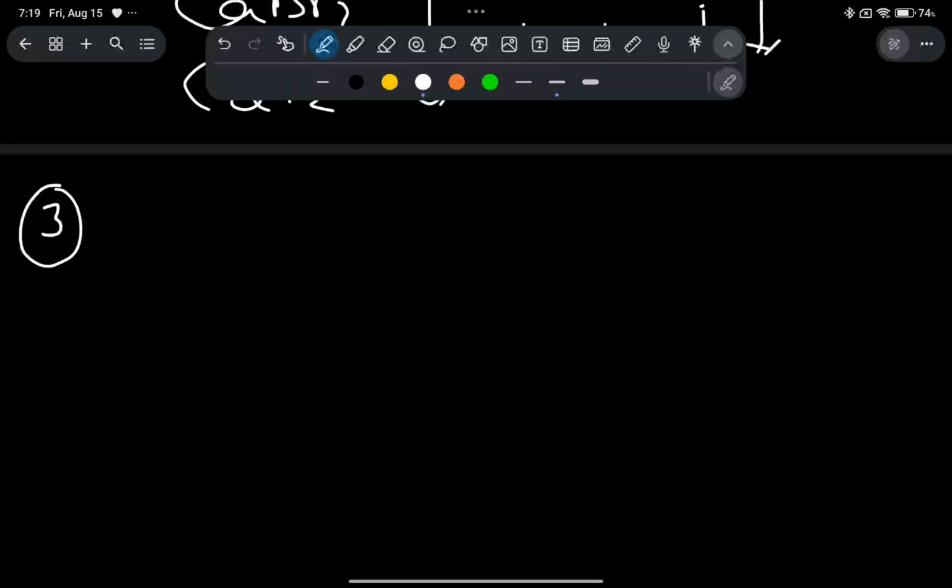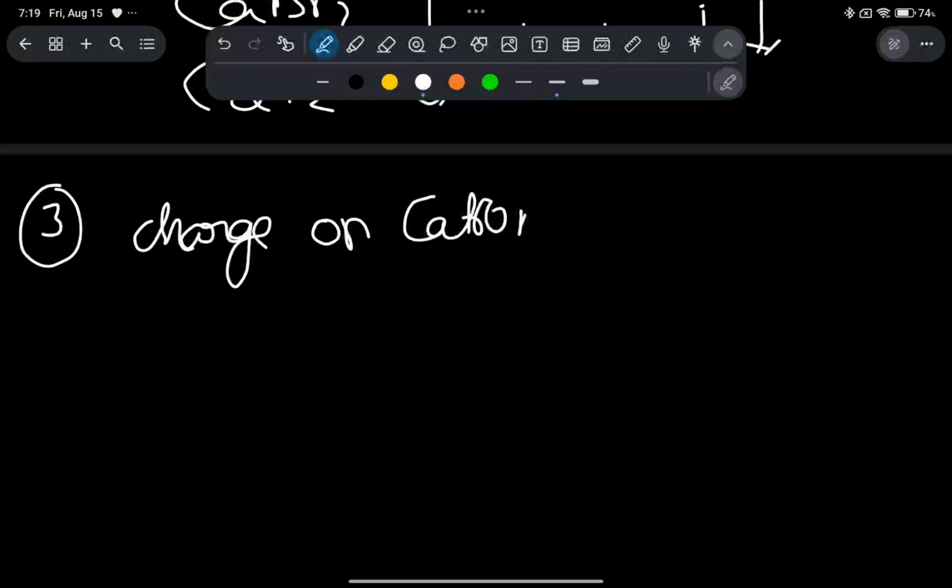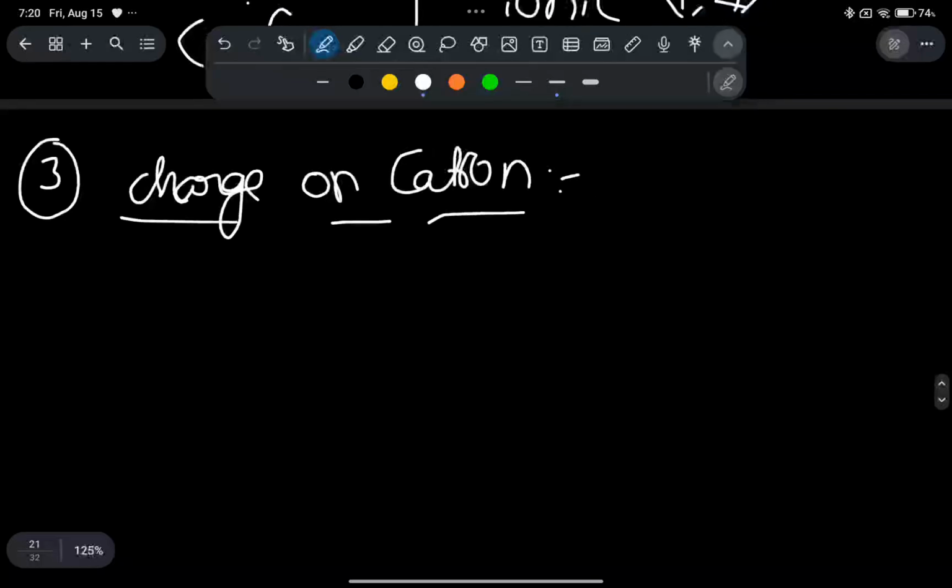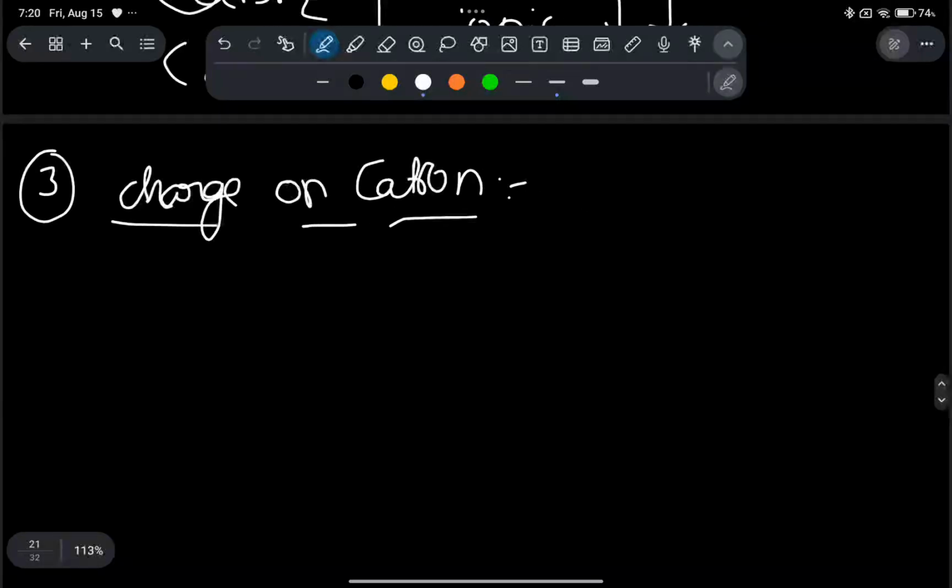Factor number 3: charge on cation. How does the charge on cation affect it? For an ionic bond, the charge of the ion should be low.